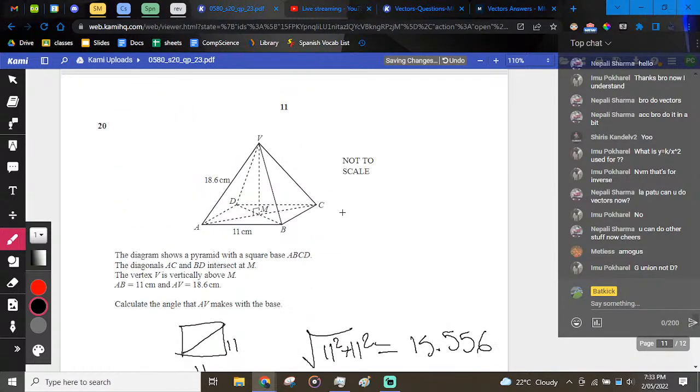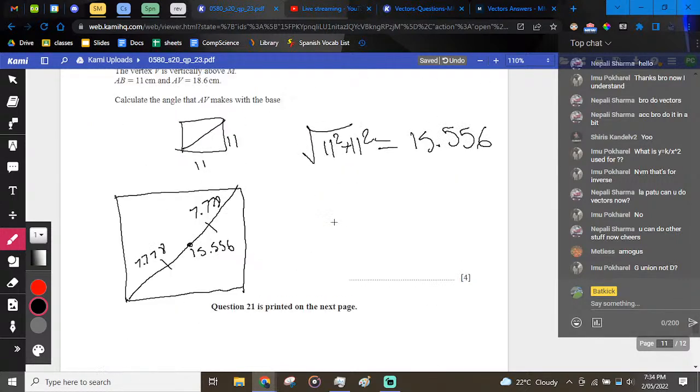These form a 90-degree angle with this hypotenuse.